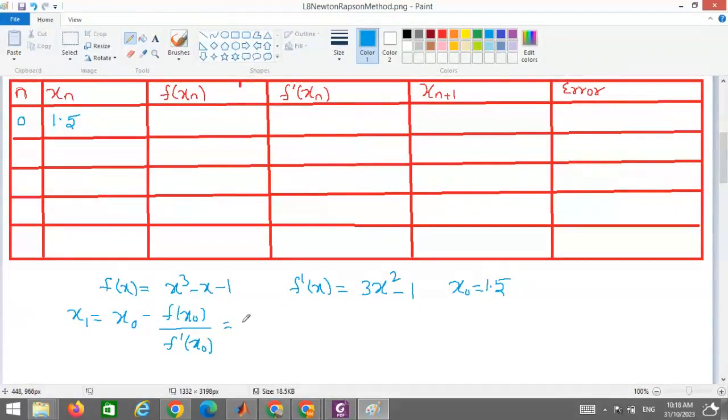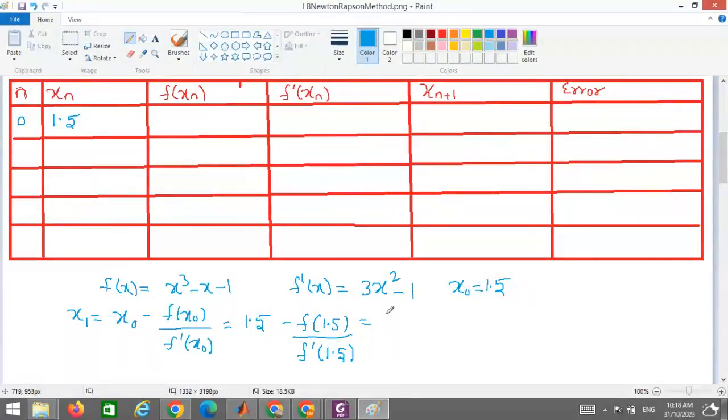So now we know the value of x naught is 1.5. Now you substitute this value in the equation: f of x naught, that is f of 1.5, divided by f dash of 1.5.